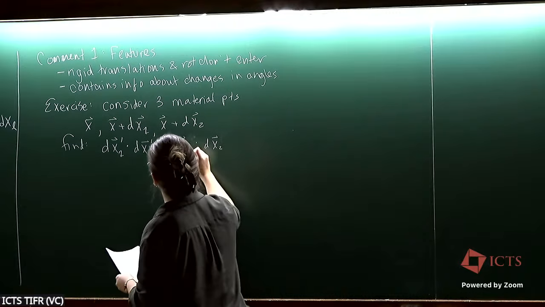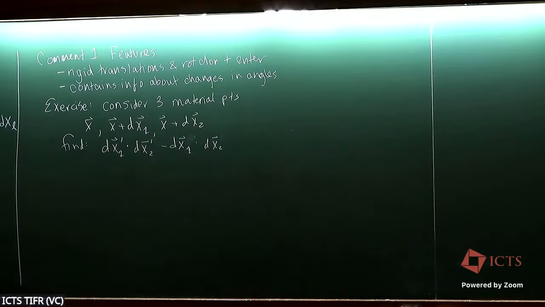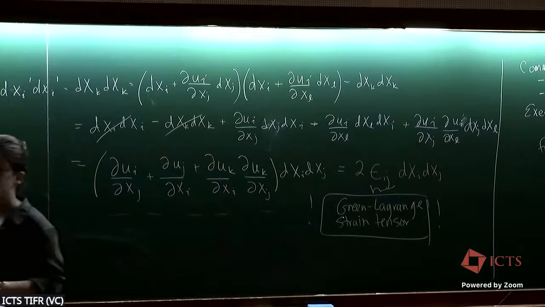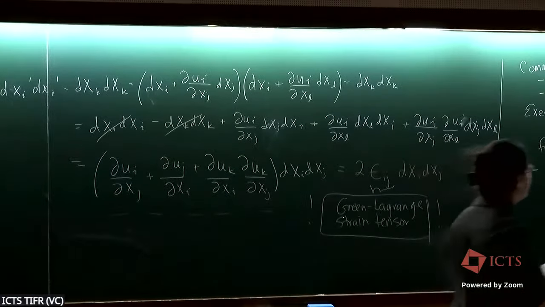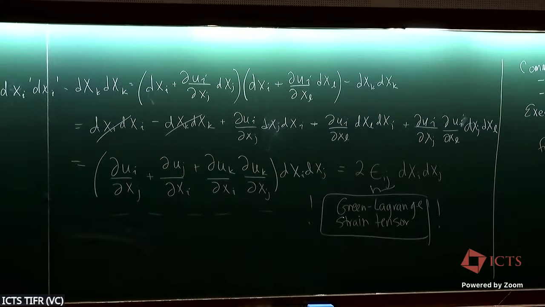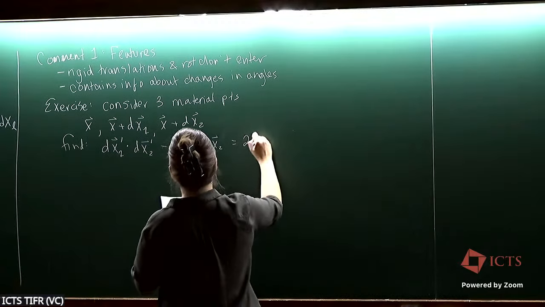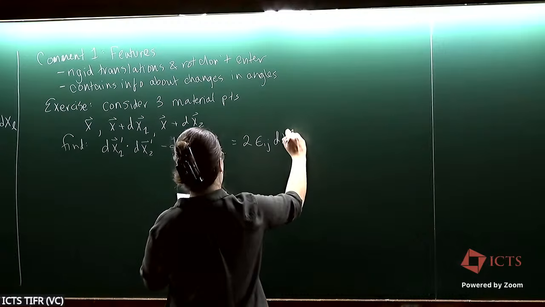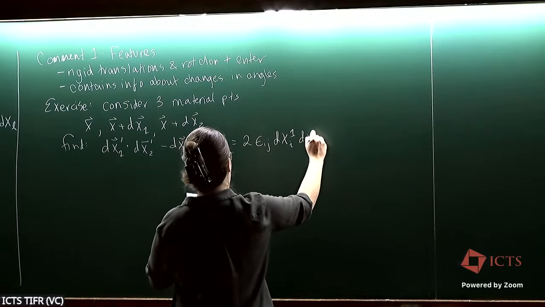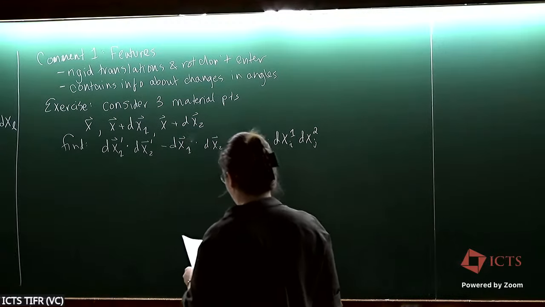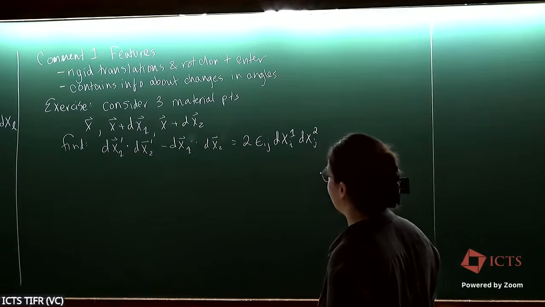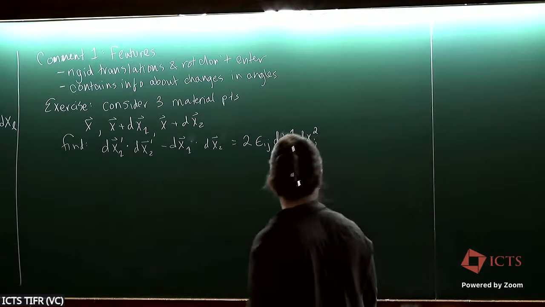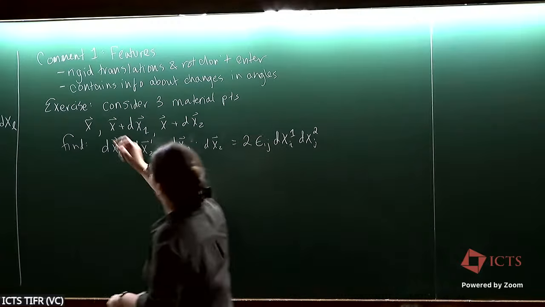So this is mimicking what we did over here, but now doing it in such a way that you're picking up these cosines, these angles between these material points. We're making a material angle. It will give you, again, a quantity that can be expressed in terms of this Green-Lagrange strain tensor. So that's our comment 1.